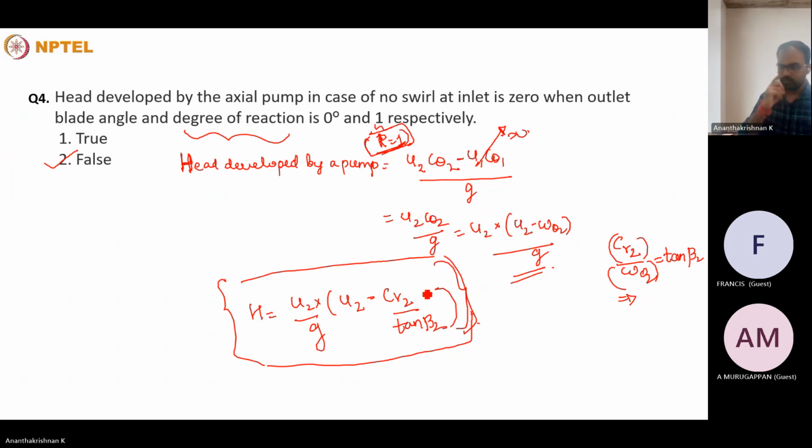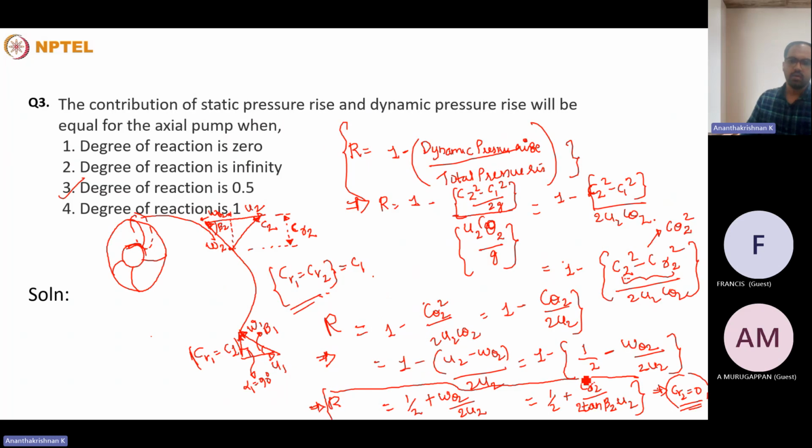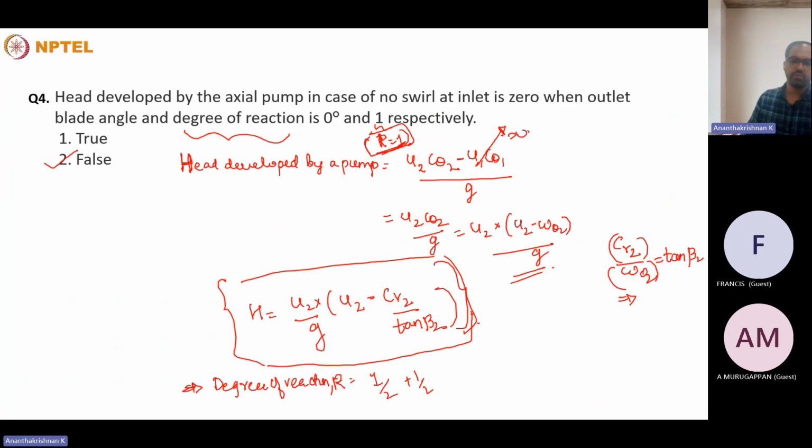So the degree of reaction is given by the formula half plus half into CR2 divided by tan beta 2 U2, as we have seen in the previous question.